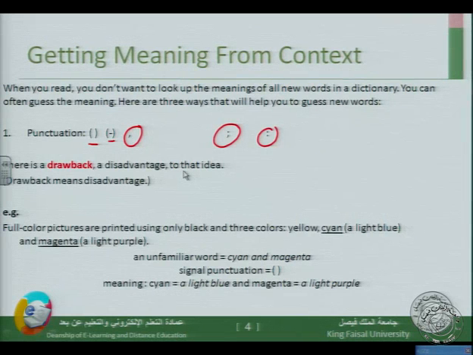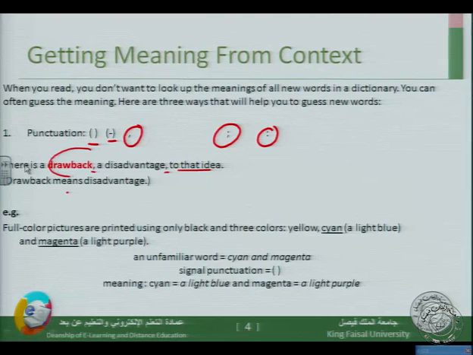For example, if you look at this sentence: there is a drawback, a disadvantage to that idea. Again, there is a drawback, a disadvantage to that idea.